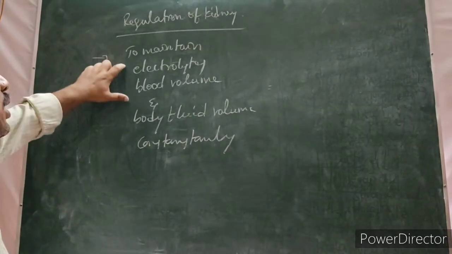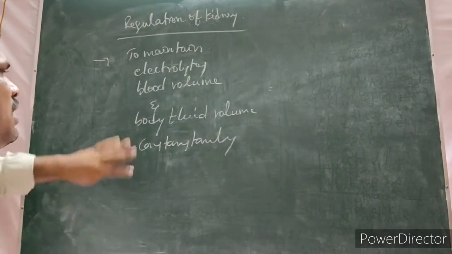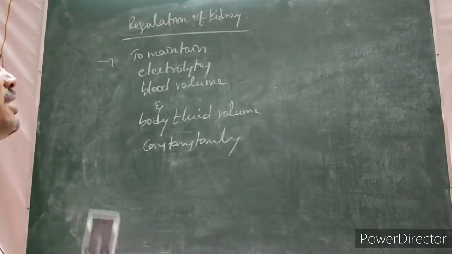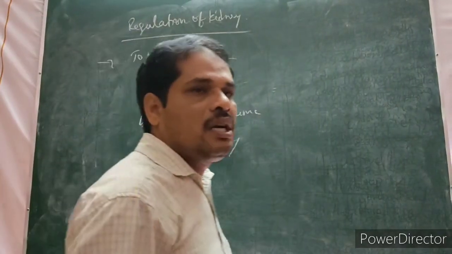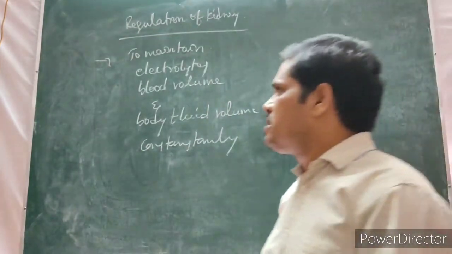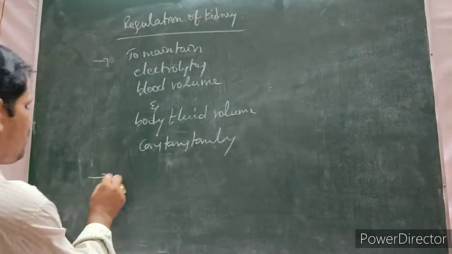To maintain electrolytes, blood volume and body fluid volume constantly in the body, that is what we call the regulation of the kidney. It is done with the help of three important parts.